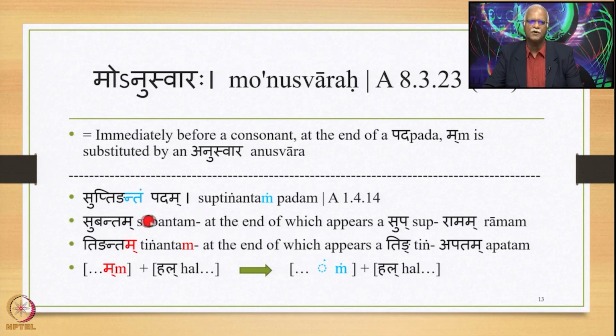Now if you look at Suptingantam Padam, the sutra itself, you will notice that there is this Tingantam, this Ma, which is followed by Pa, and therefore this Ma becomes an Anuswara by the application of this sutra 8.3.23. So this Ma is the substituent, and since it is followed by a Hal or a consonant, it gets substituted by an Anuswara. This is the meaning of Monuswaraha.